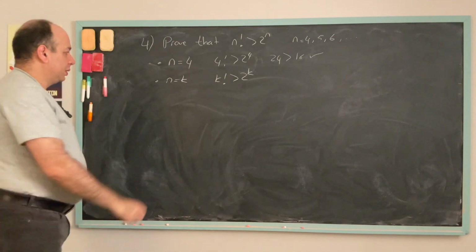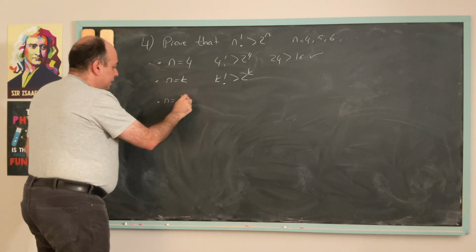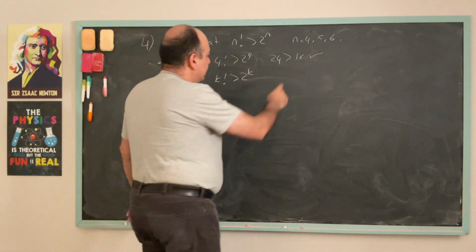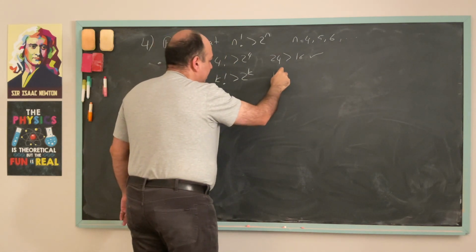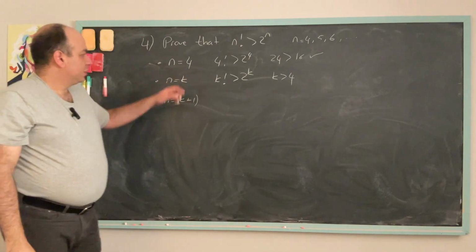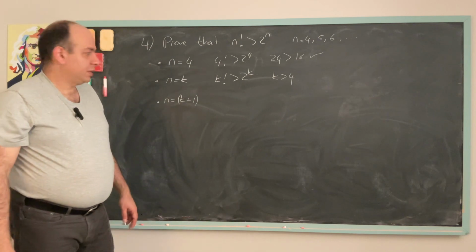This is our assumption. So the next step is to check n is equal to k plus 1 term. Okay? So by the way, since n is 4, 5, 6, goes on like that, k must be at least 4. We already checked n is equal to 4, so I'm going to pick k something larger than 4.